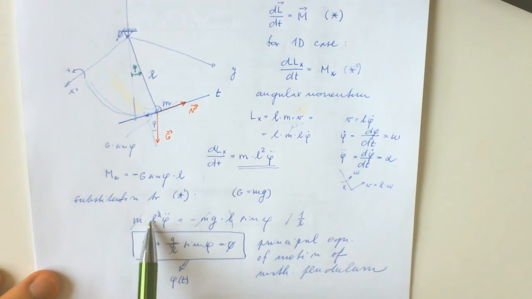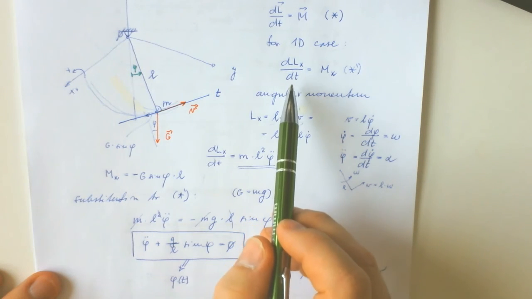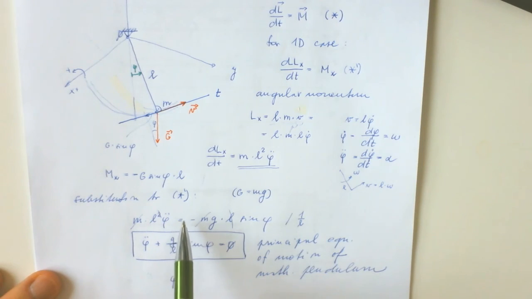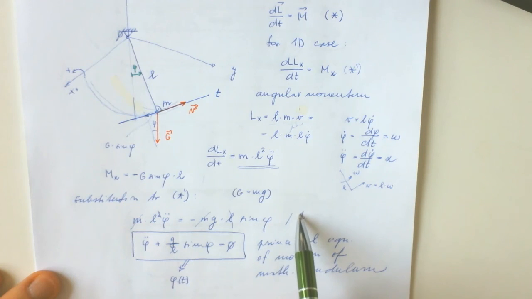So m L squared phi with two dots, which is the substitution for the derivative of angular momentum with respect to time, is equal to the moment of external forces, where the force is m g, so it is minus m g L sin phi. And we can cancel mass, we can cancel one L, and we can divide by L, because we want to rewrite this equation into standard form.